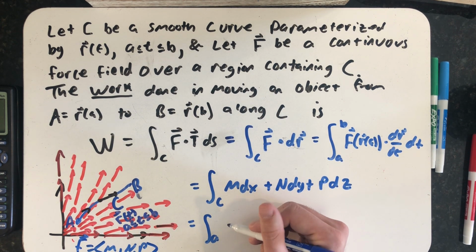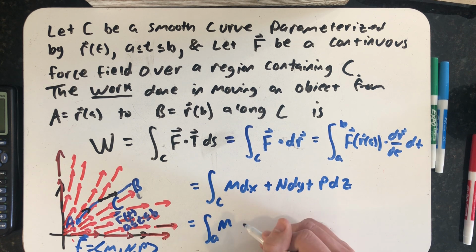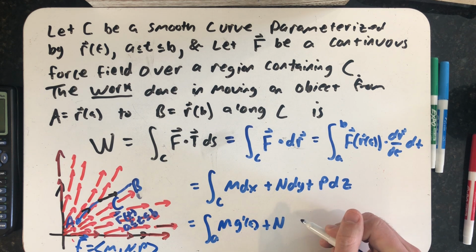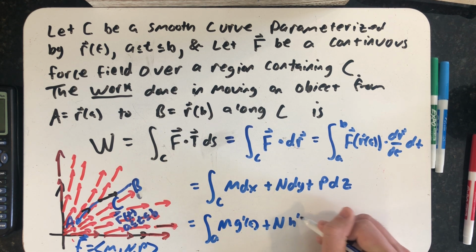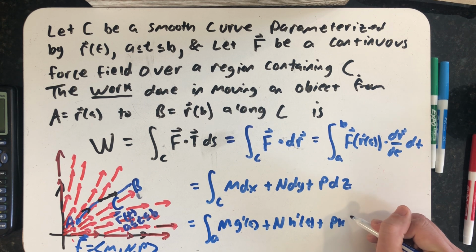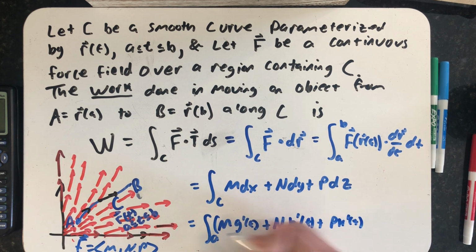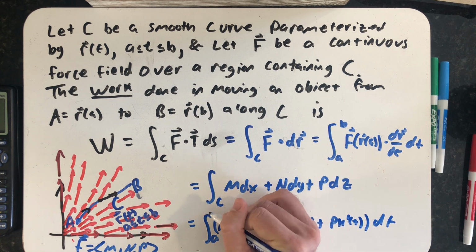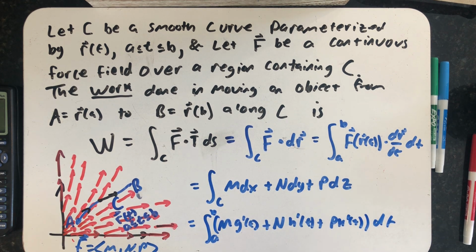So I could actually write this like this, where this would be M times G prime of t plus N times H prime of t plus P times K prime of t, and then all dt. And that integral would be from A to B. And here I'm thinking of G, H, and K as coming from my parameterization R of t.